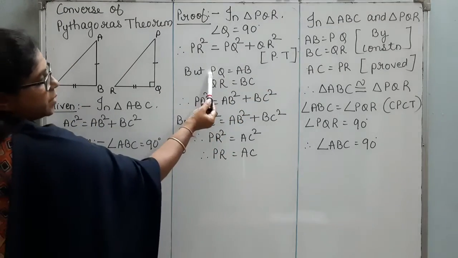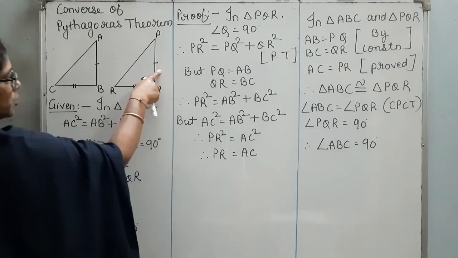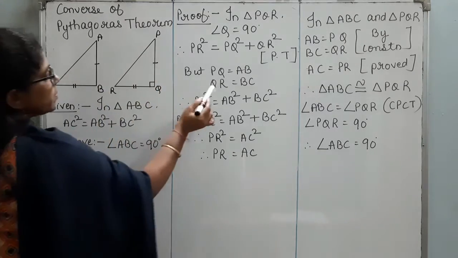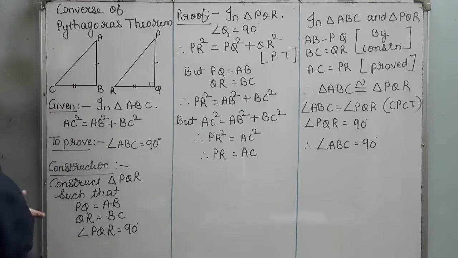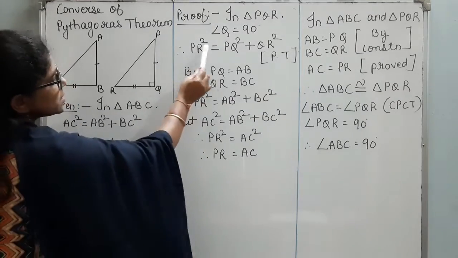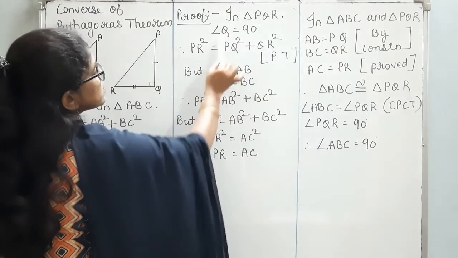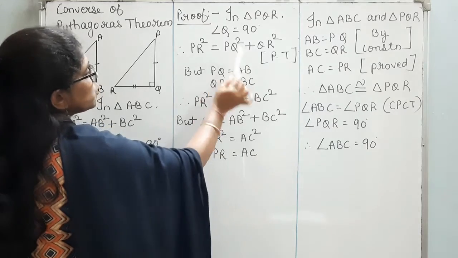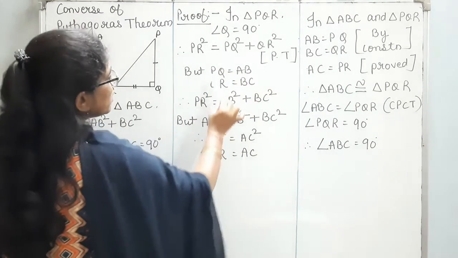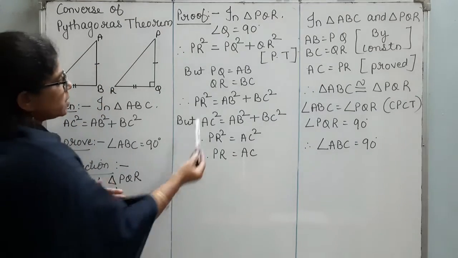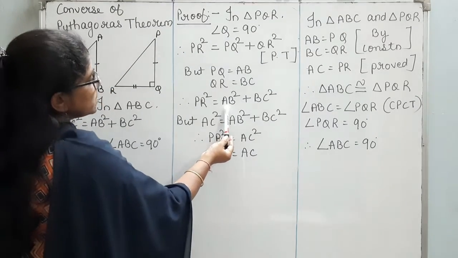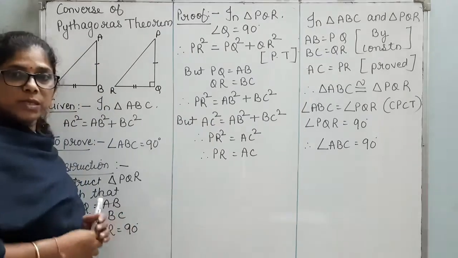But PQ is equal to AB and QR is equal to BC. So in this statement, we will substitute PQ by AB and QR by BC. So our statement becomes PR square is equal to AB square plus BC square.